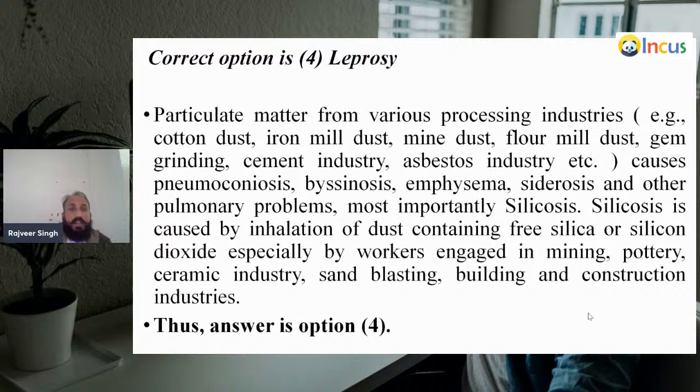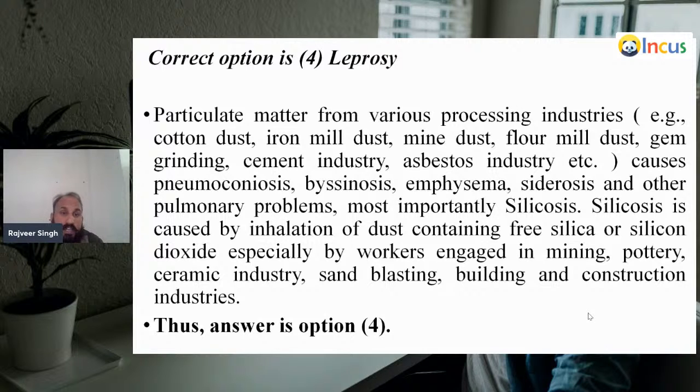particulate matter from various processing industries like cotton dust, iron mill dust, mine dust, flour mill dust, zinc grinding, cement industries, asbestos industry, etc., cause pneumoconiosis, byssinosis, emphysema, and other pulmonary problems. Most importantly, silicosis.